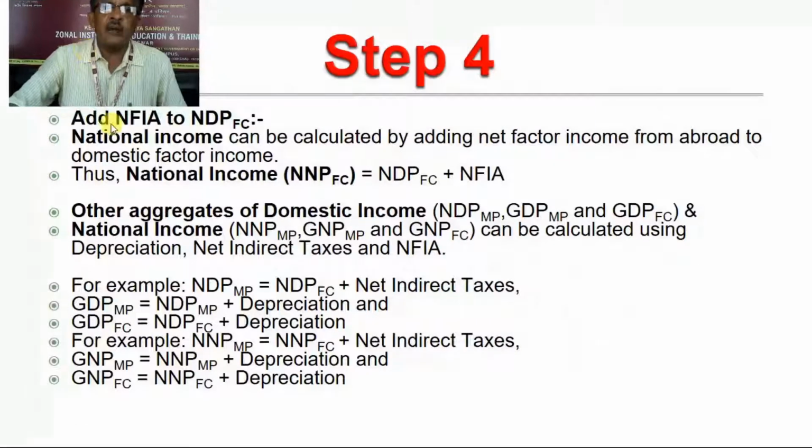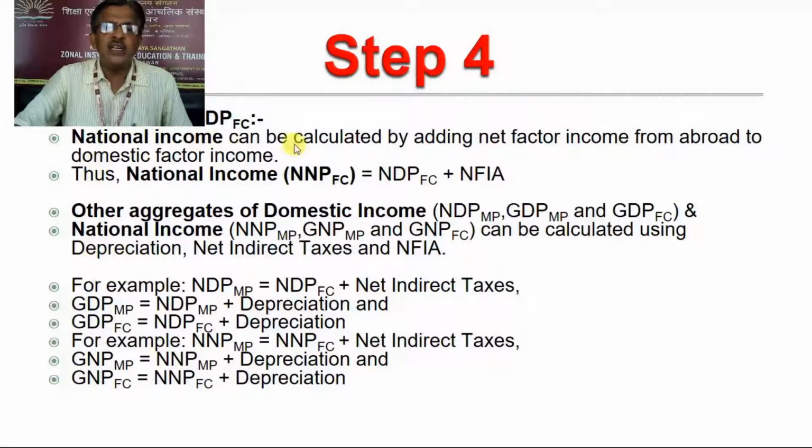Step 4: after getting the net domestic product at factor cost, that is the domestic income, we have to add the net factor income from abroad to get the national income. So national income can be calculated by adding net factor income from abroad to domestic factor income, that is NDP at factor cost plus NFIA is equal to NNP at factor cost, which is known as national income.